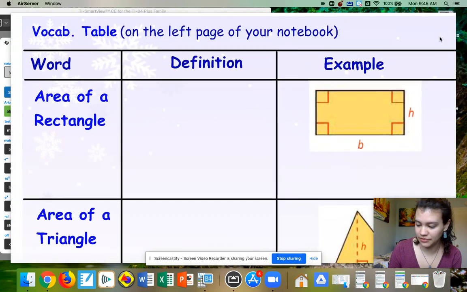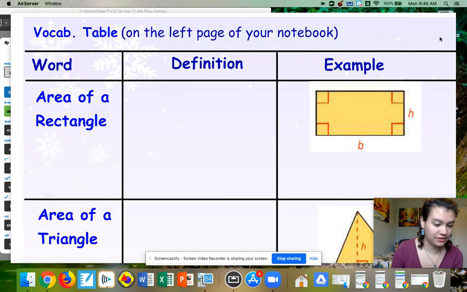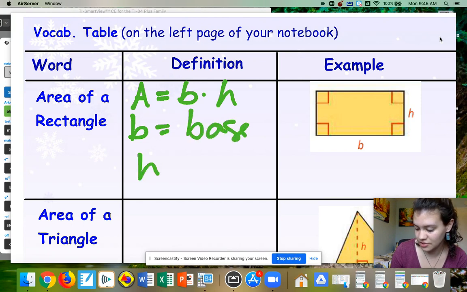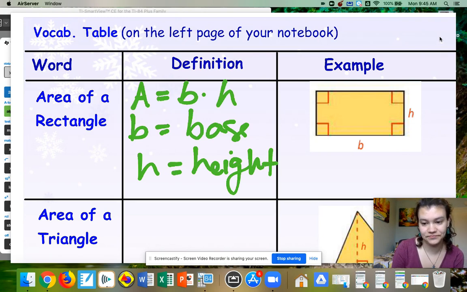Here is going to be our first definition. So the area of a rectangle is going to be base times height. Here, B is your base, and H is your height, like it's been with all the stuff we've done for geometry this year.